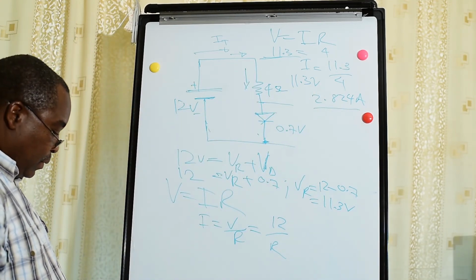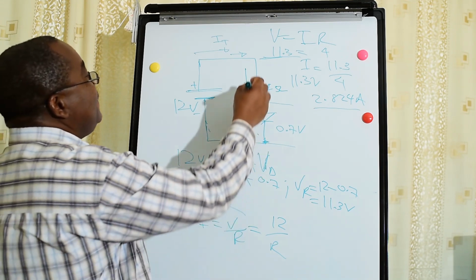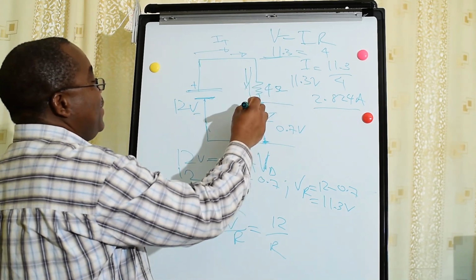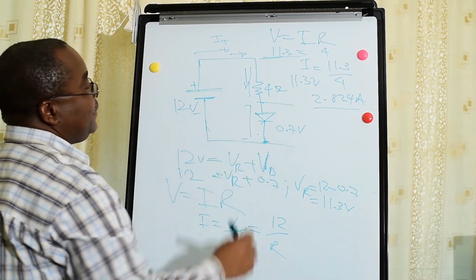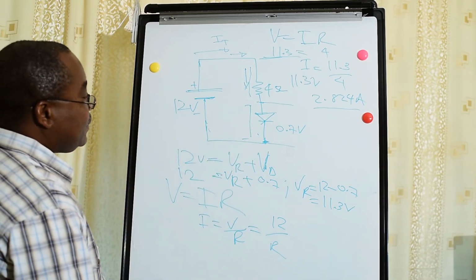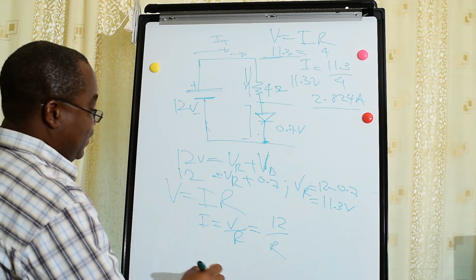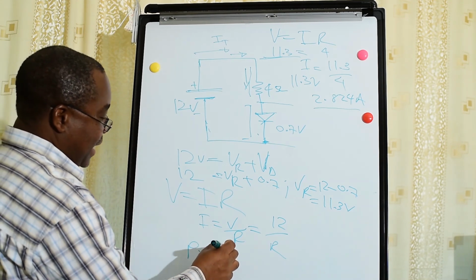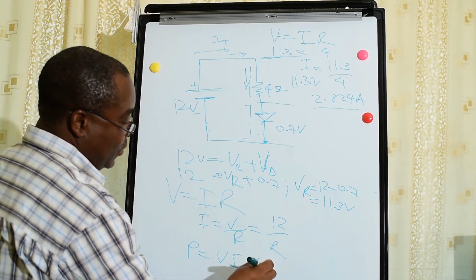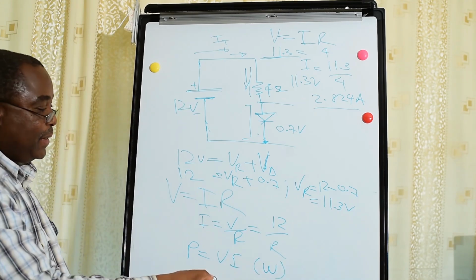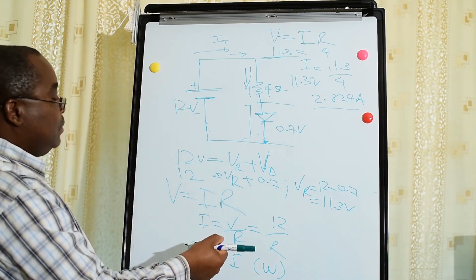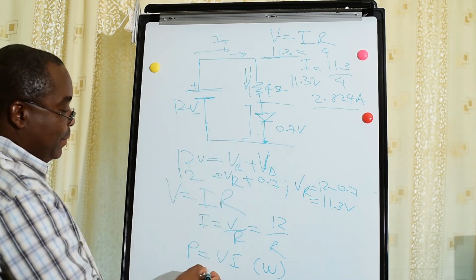So we have to find the power dissipated here in resistor, also the power dissipated here in a diode. The formula of the power is equal to VI, which is equal to watt. The watt is the unit of the power. So the power dissipated in the diode will be voltage.